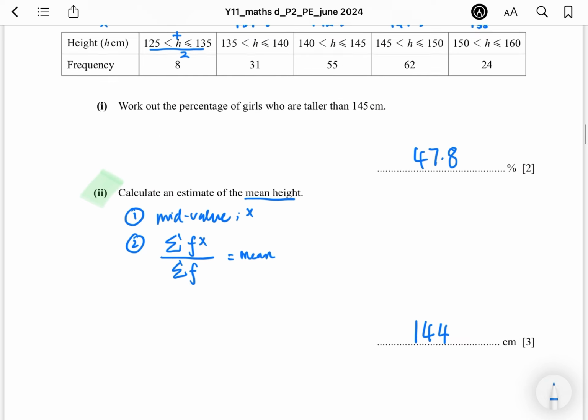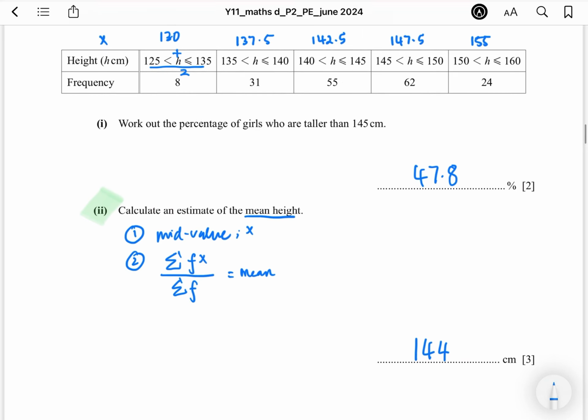155, right? So that means the mean is equal to frequency times the mid value.